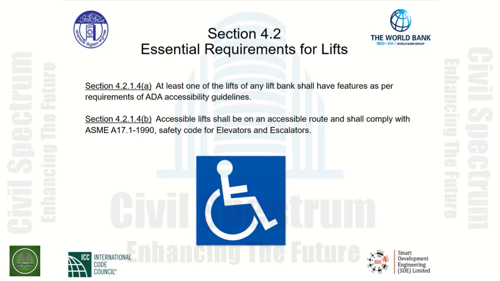Item B of this section further tells us about this ADA accessibility guideline, and so states that accessible lifts shall be on an accessible route and shall comply with the ASME A17.1, the 1990 edition of the Safety Code for elevators and escalators.